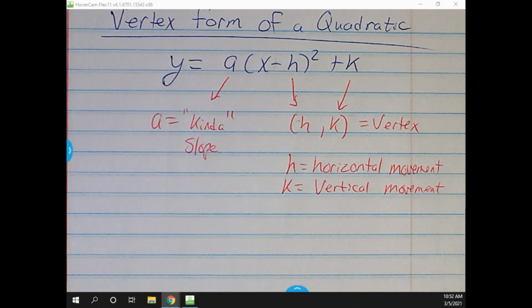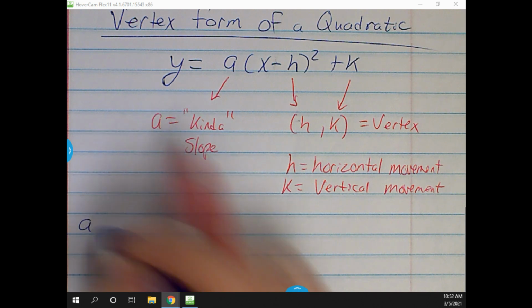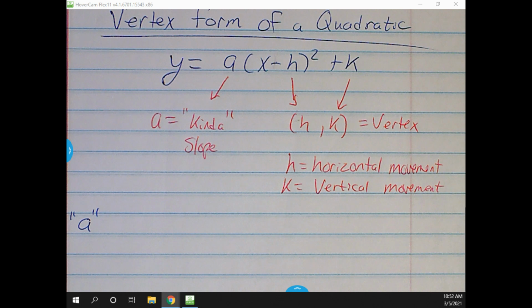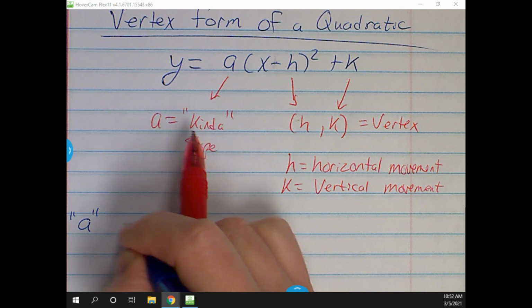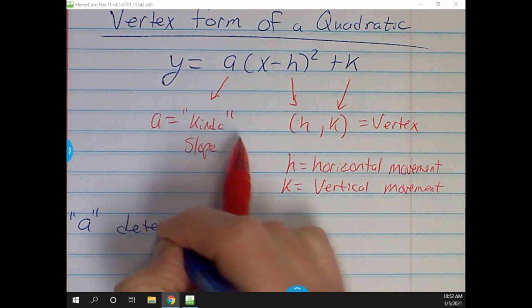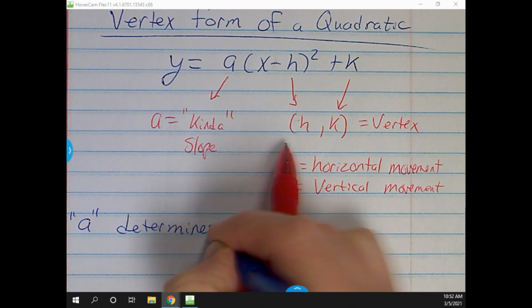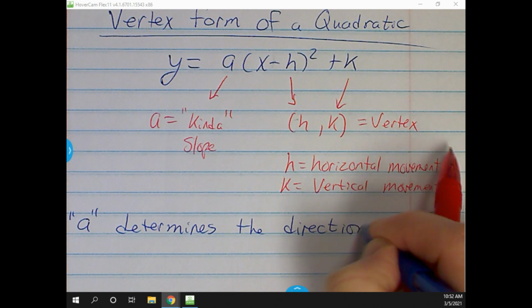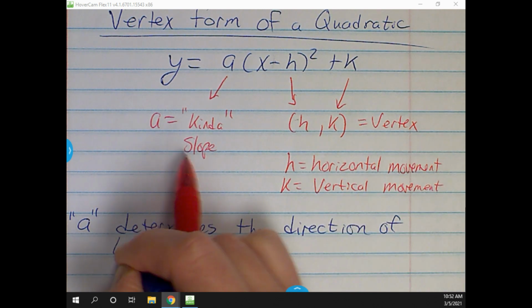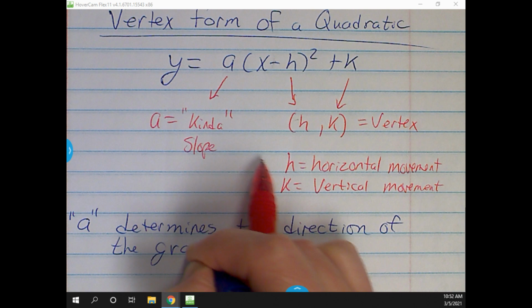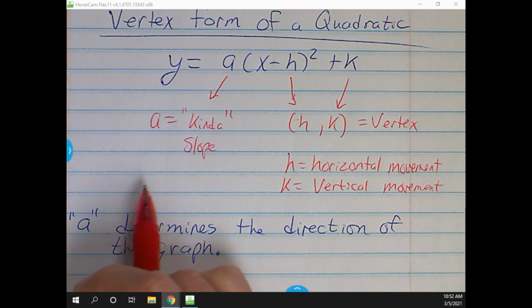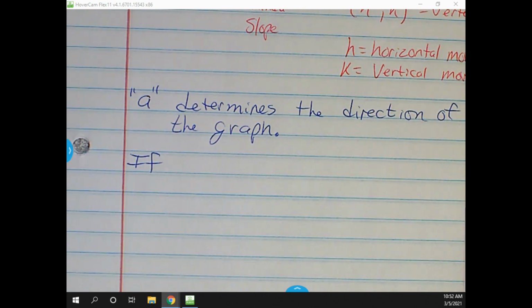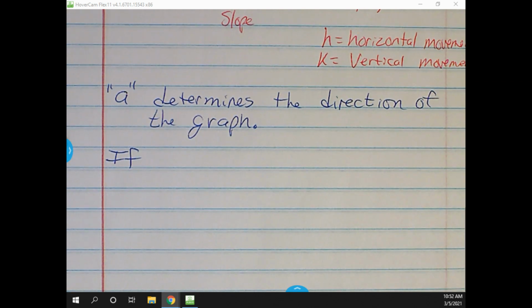What the a is for this part of it, we're going to say that the a value determines the direction of the graph. So again, it's kind of like slope, but it's not really slope.